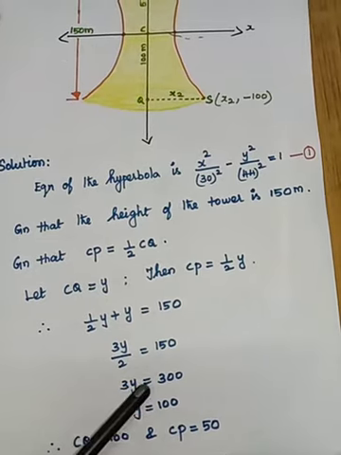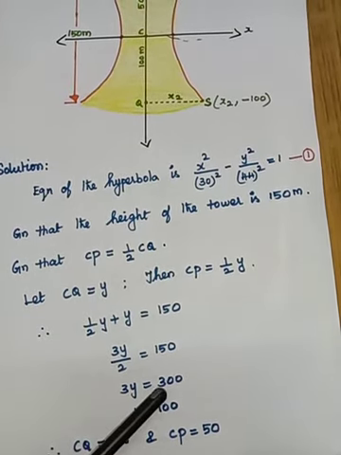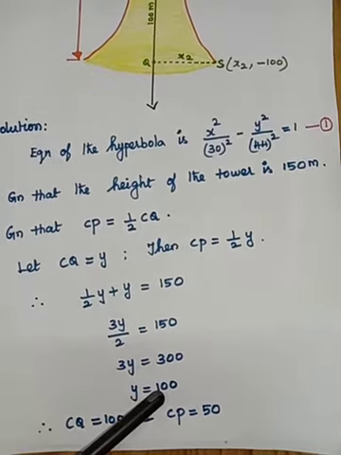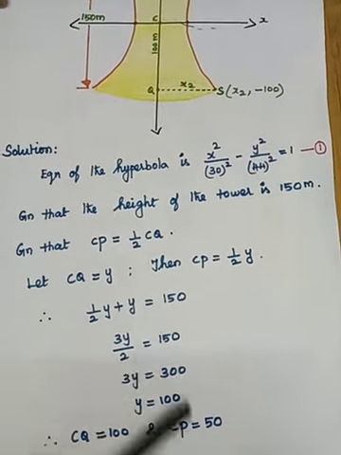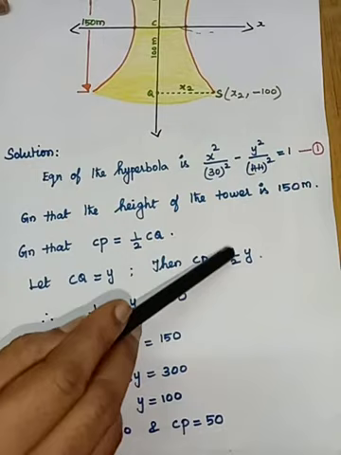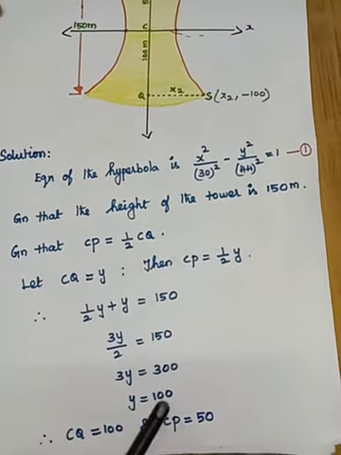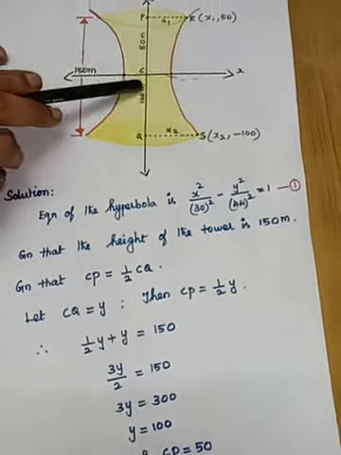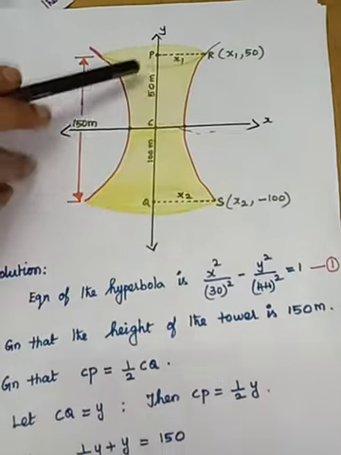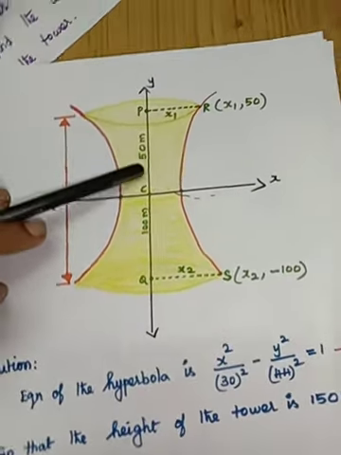So 3y is equal to 150 into 2, that is 300. So y is equal to 100. What is y? The CQ is 100. Then what is CP? It is half into y. So y is 100, half of 100 is 50. So this distance is 100 and this distance is 50.